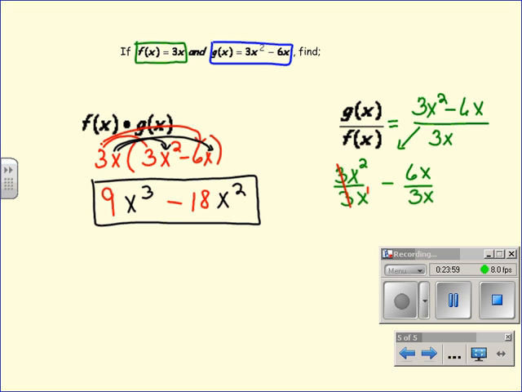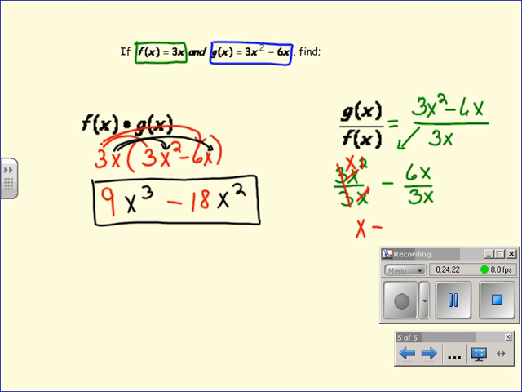So x squared divided by x to the first power is going to equal x, because 2 minus 1 is equal to x to the first power. So this fraction here will cancel out to have x to the first power. Okay. Then we're going to finish with this problem.